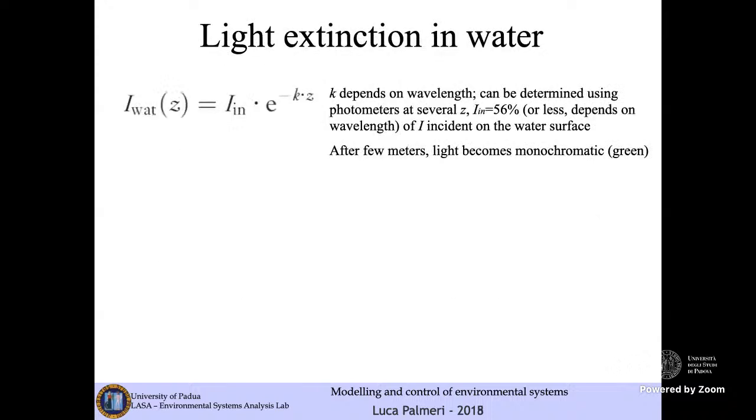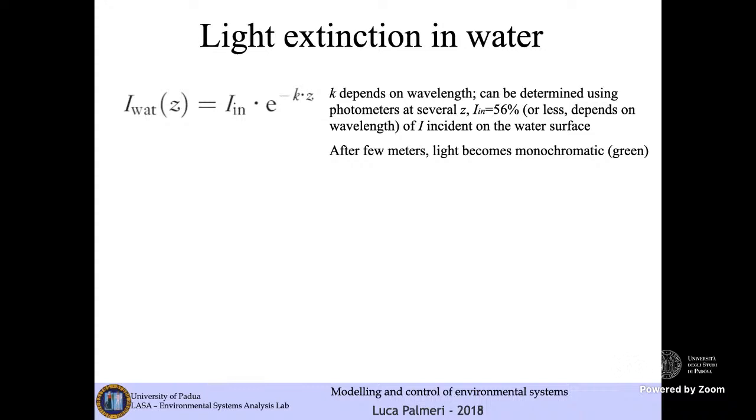So, as we said, we employ the Lambert-Beer model, that is an exponentially decreasing, first order kinetic model. We said that we hide all the complexities or particular characteristics of a water body in the K constant.